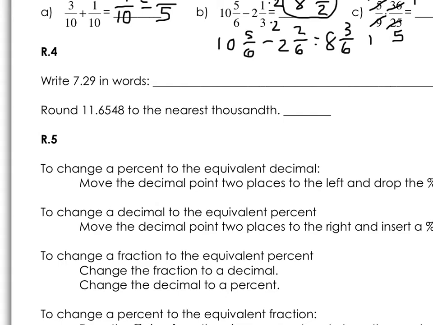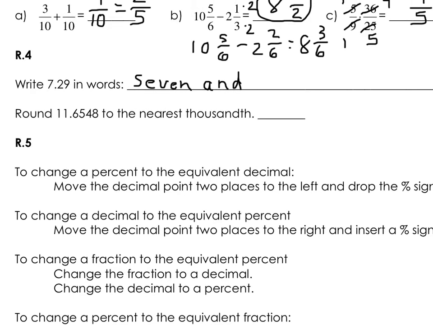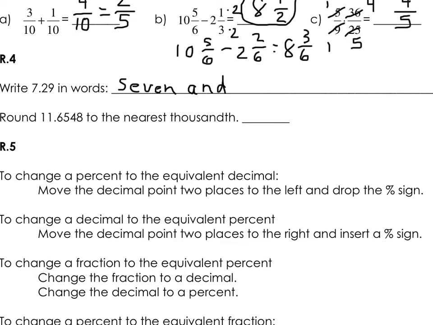Write 7.29 in words. So it's 7, and we only use the word and where there is a decimal point. 0.29. The 2 is actually 2/10. The 9 is in the hundredths place.